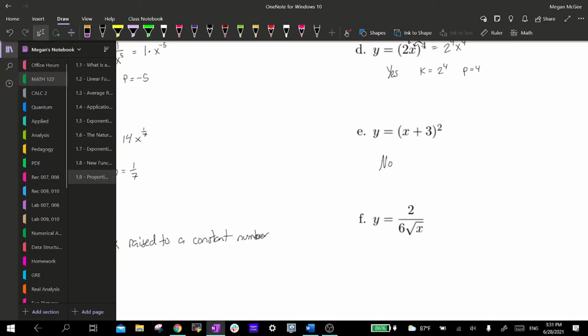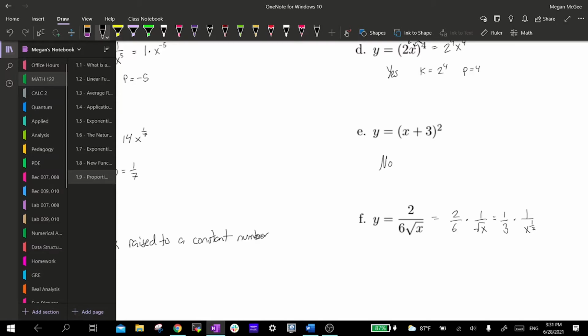And our last part, part F, we have y is equal to 2 over 6 times the square root of x. We'll go ahead and rewrite this. So we have 2 over 6 times 1 over the square root of x. That 2/6 simplifies to 1/3, and 1 over square root of x is just x to the negative 1/2.